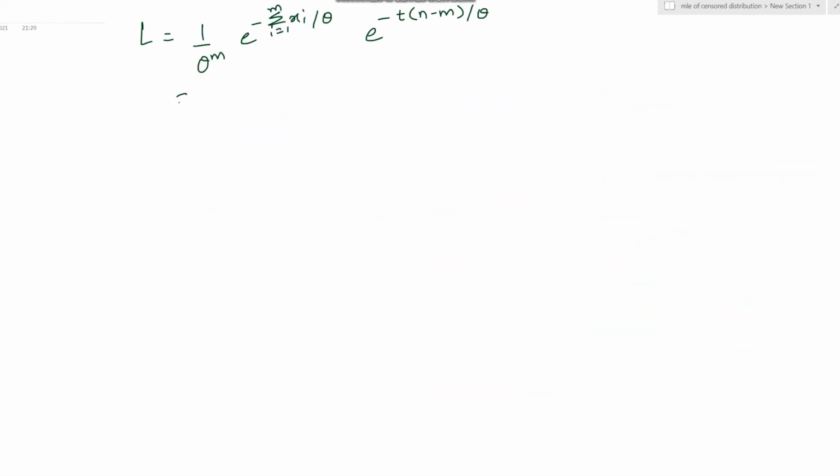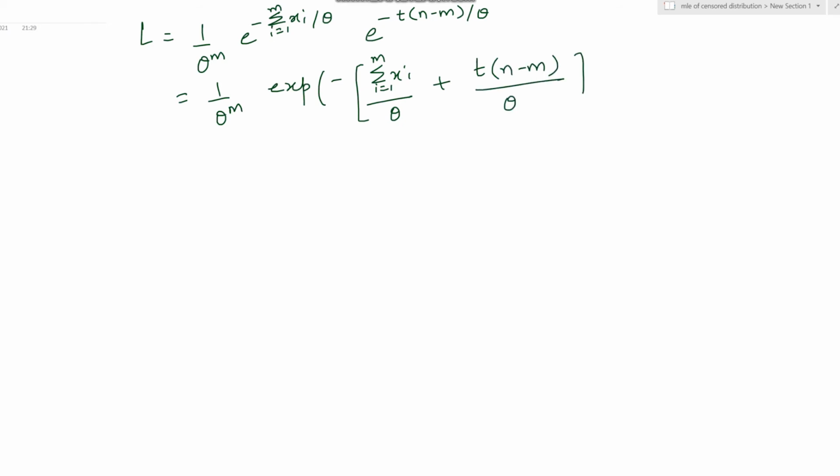So our L can also be written as 1 by theta raised to the power m, exponential of minus, and we have this particular bracket since we have the minus sign common, summation of xi, where i goes from 1 till m, by theta, plus t into n minus m by theta.